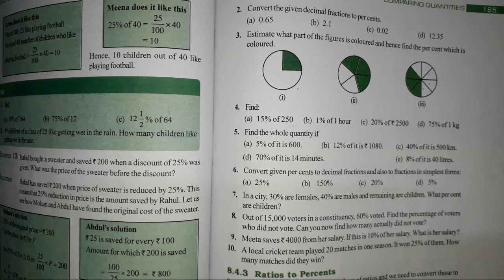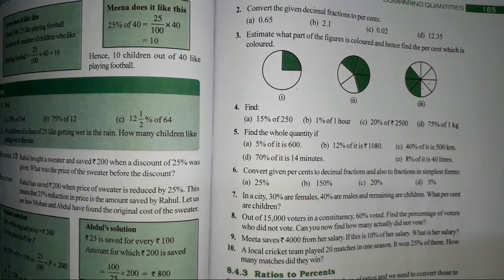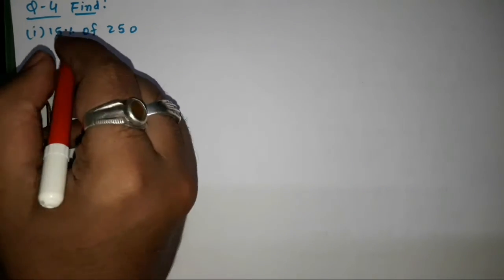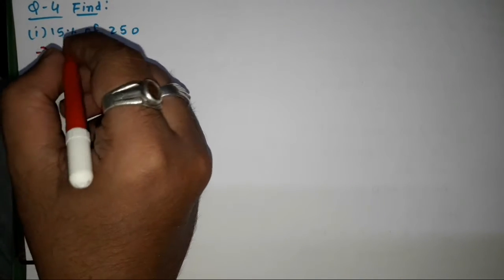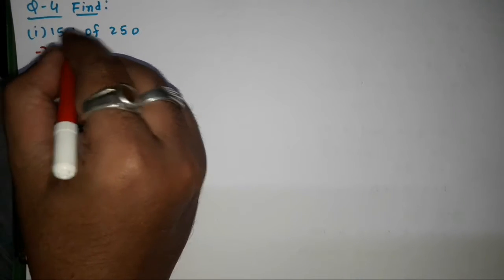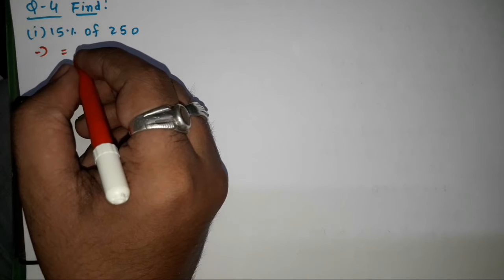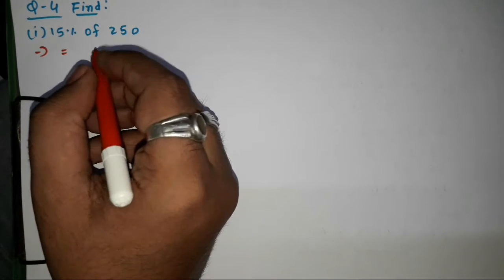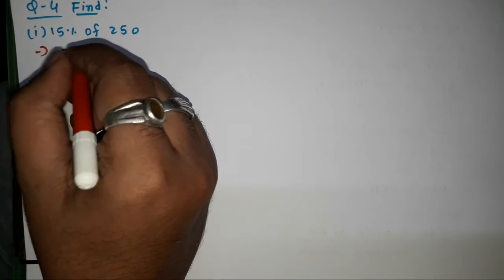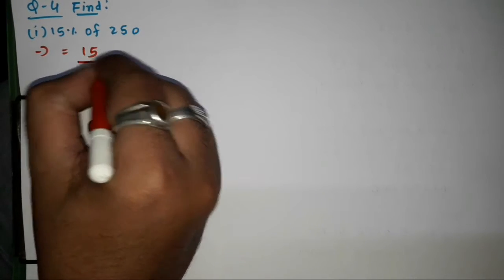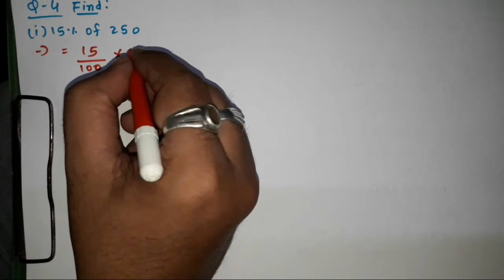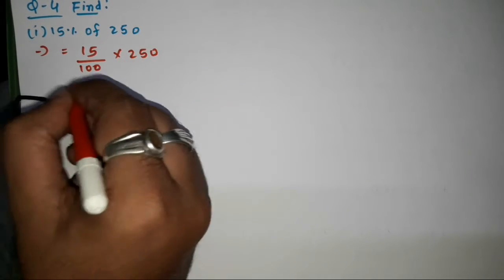So the first thing is 15% of 250. To remove this percentage, what will I do? Previously, to convert any number into a percentage, we multiplied by 100, but here to remove it, we divide by 100. So 15 upon 100 multiplied by the amount given, that is 250.